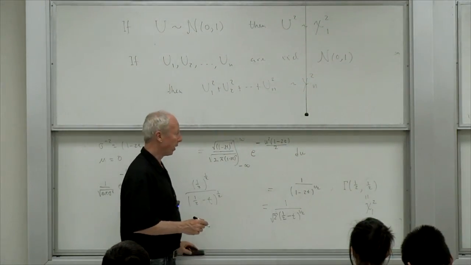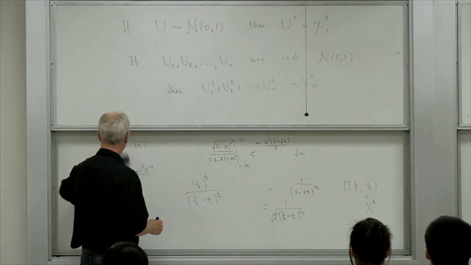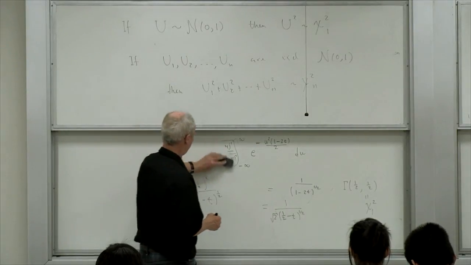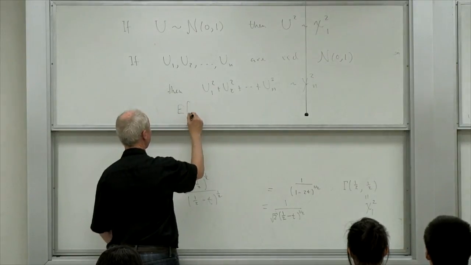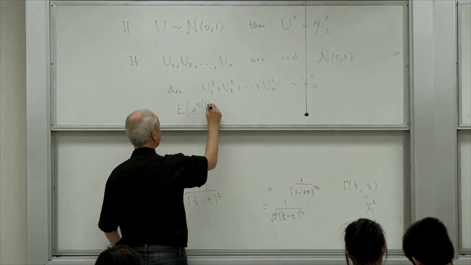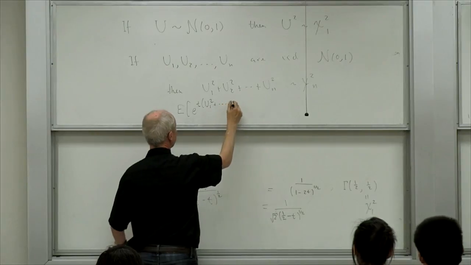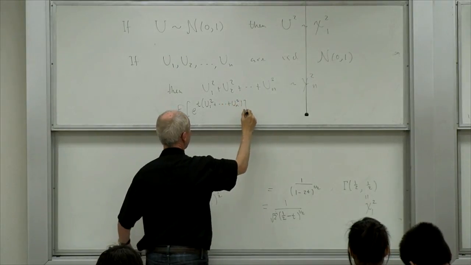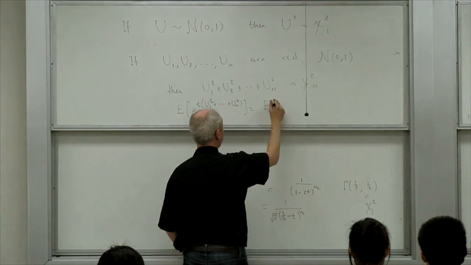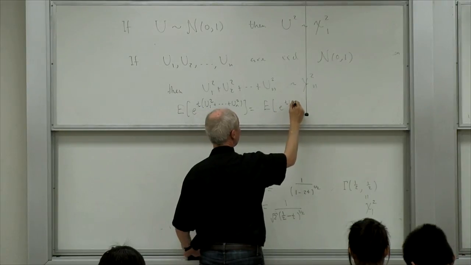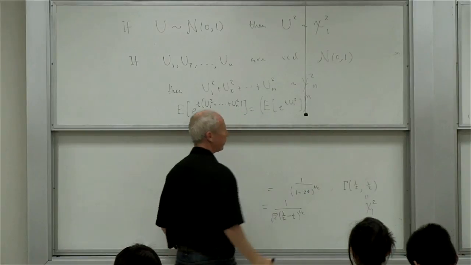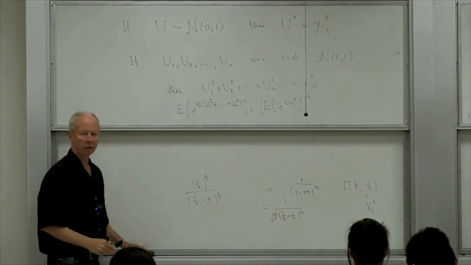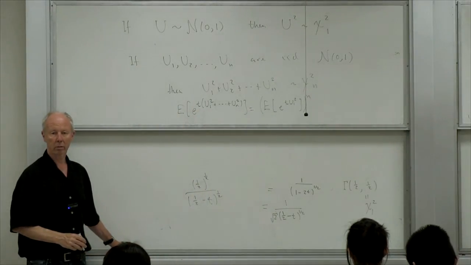And that has another name. What would the moment generating function for that be? Well, in a step that we've done many times before, because of independence and identical distribution, we get this, right?